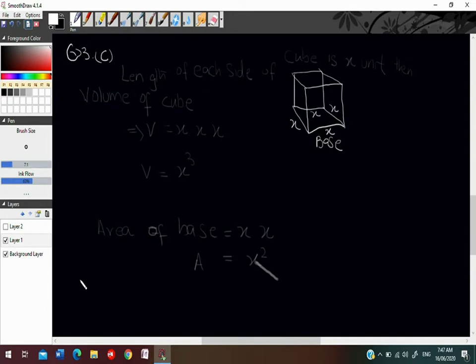Its A part is g of x equals 2x minus 5. In this question, we have to find the range and domain of this function, and at the end, we also have to sketch the graph of the given function.